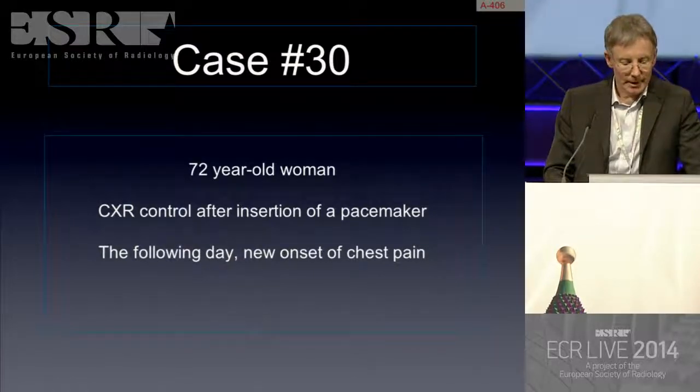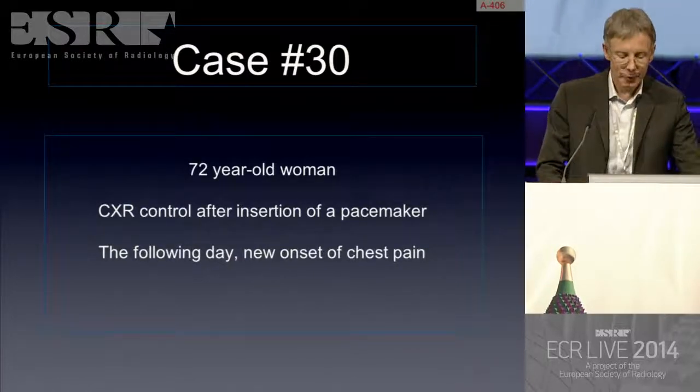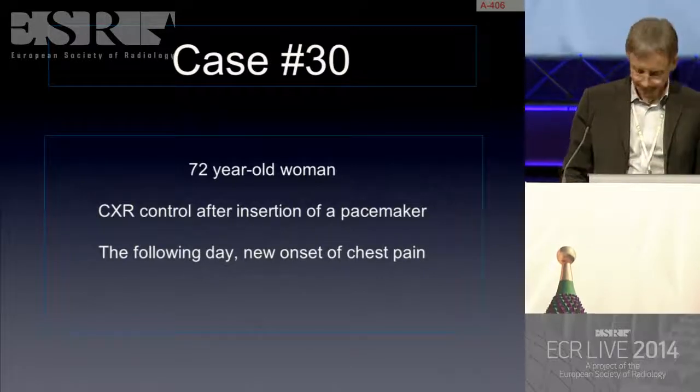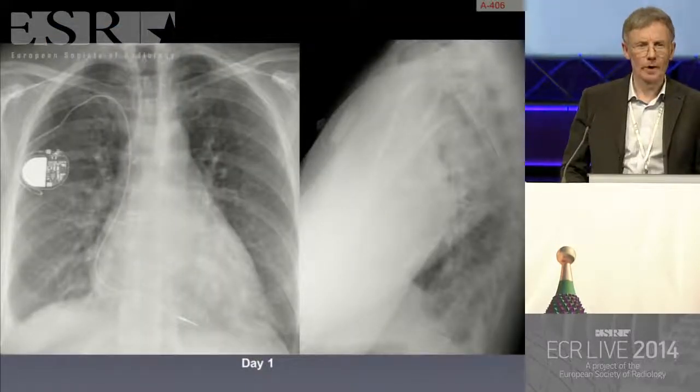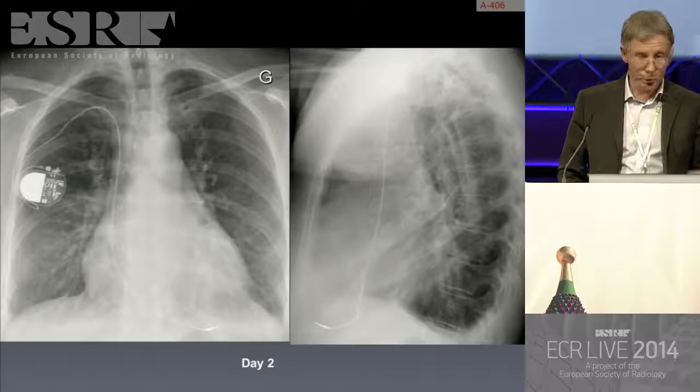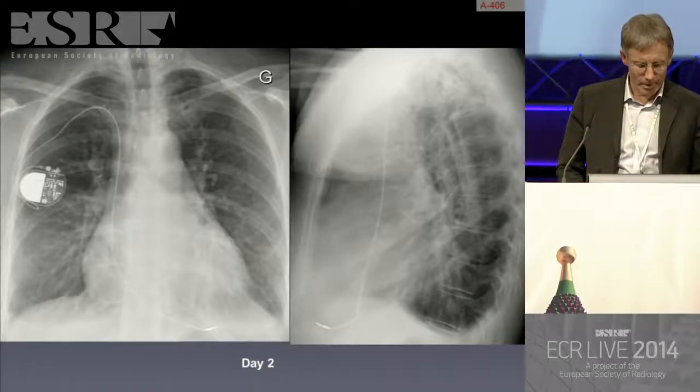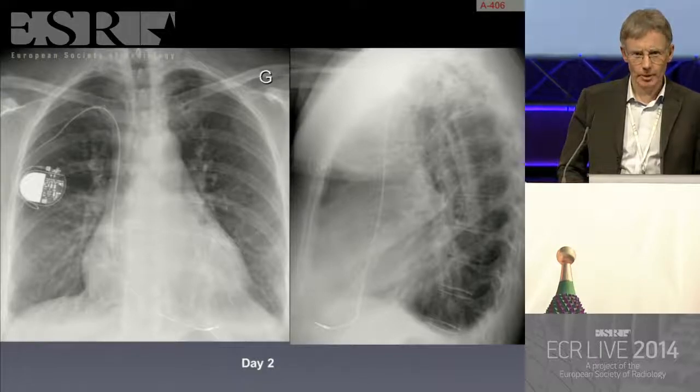72-year-old woman with a chest X-ray after insertion of a pacemaker. The following day, she has chest pain. This is the chest X-ray on day 1. All is well after the pacemaker insertion. And this is day 2, and she now has chest pain. And we didn't find an explanation for her chest pain on these radiographs.